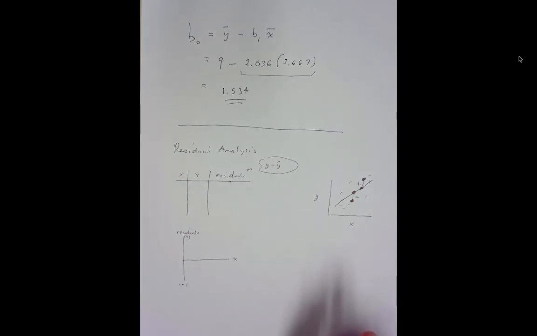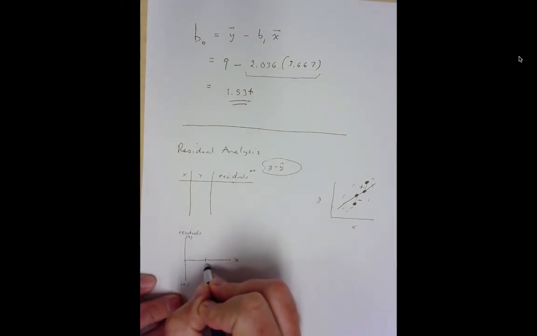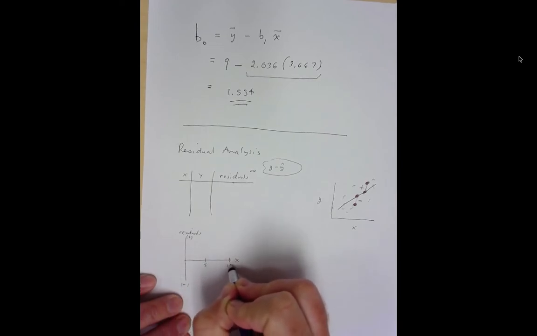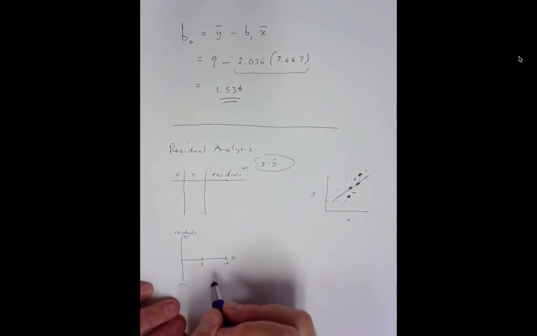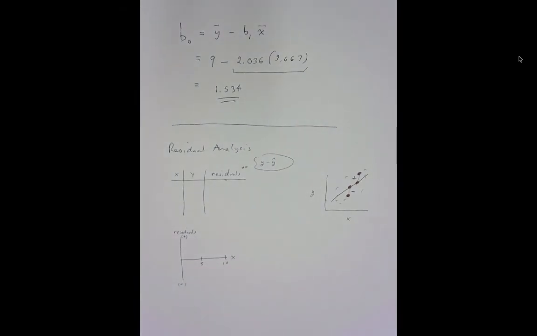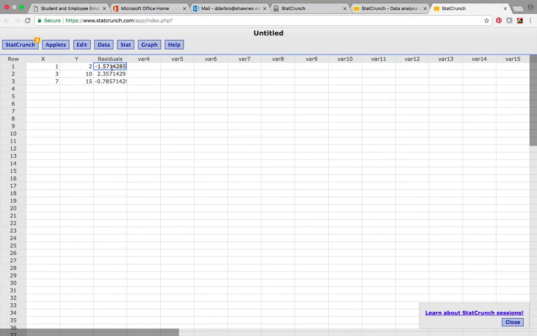So guys, if we go back to our original data set, we had x's of 1, 3, and 7. If we go back to our residuals, we can see that the first residual is negative 1.57. So let's write that down there.